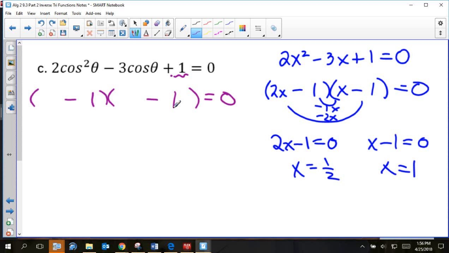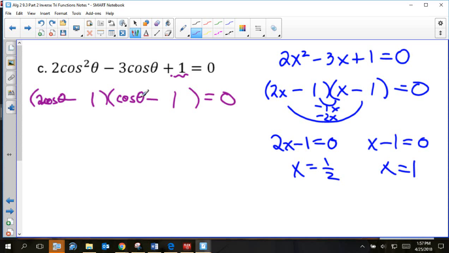One of them's going to be 2 cosine theta. The other one will be cosine theta. And then I multiply them together and I get 2 cosine squared theta. And I FOIL it back together. Outside I'd have minus 2 cosine theta, and the inside minus 1 cosine theta. So I get minus 3 cosine theta. I factored it correctly. What's my next step?